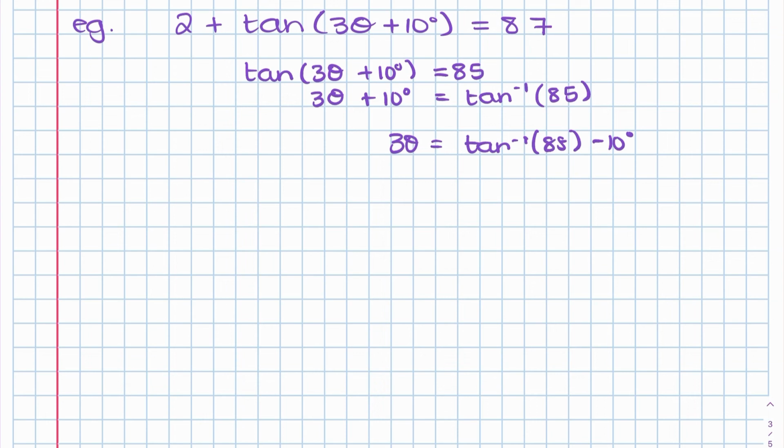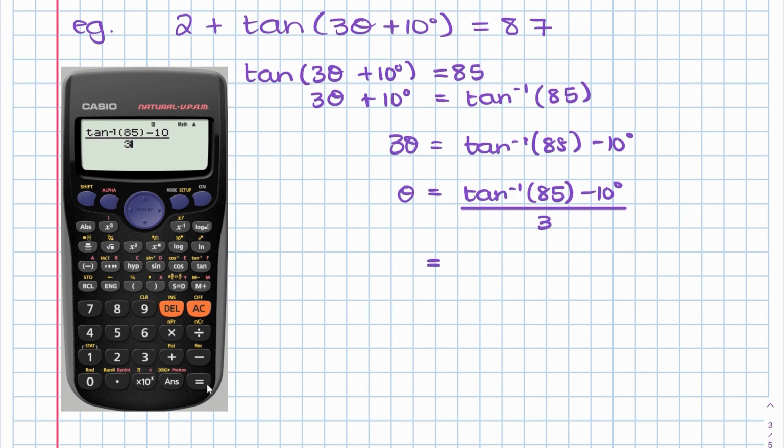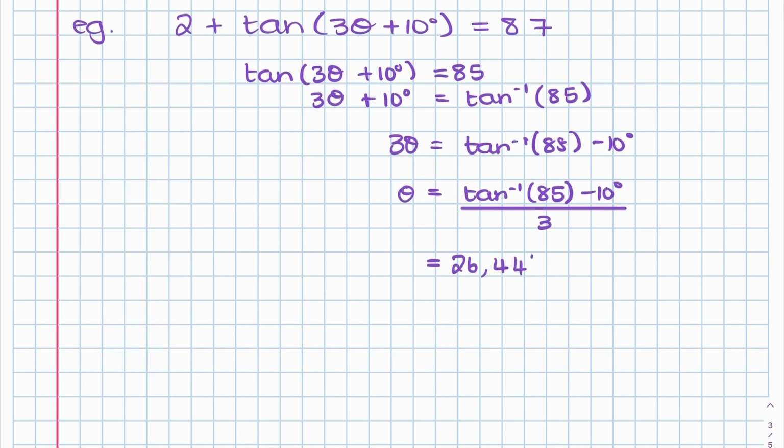Once we've done that, we can divide by 3 on both sides, and then we can just put this part in the right-hand side straight into the calculator to get the final solution, 26,44 degrees.